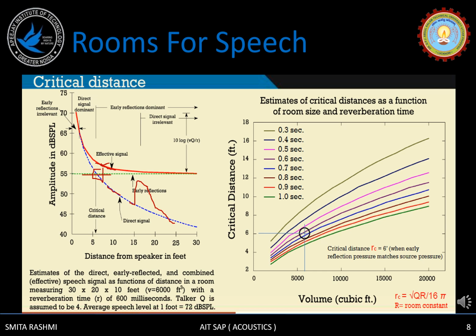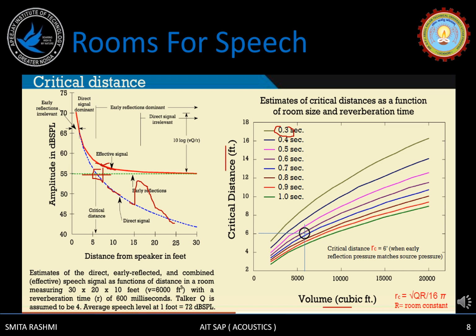In the second chart, you can see the different reverberation times, which are color coded. As we know, in speech we require a reverberation time of about 0.4 second to 0.6 second. So by knowing the reverberation time and the volume of the room in which we are designing, we can know the critical distance.